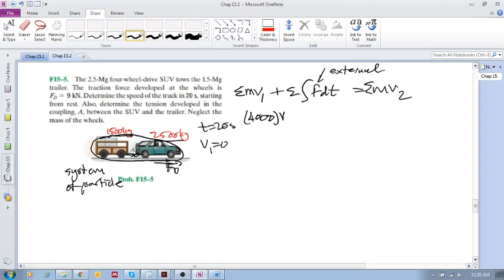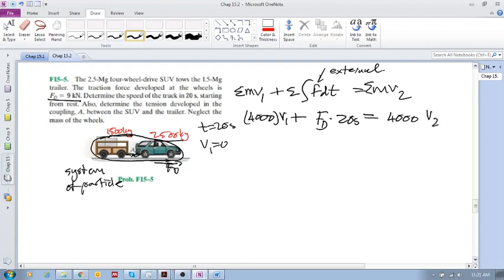Times V1, which is 0, plus FD, which is a constant, so we can bring it out of the equation, multiplied by 20 seconds, because it is the only external force acting on the system, is equal to 4,000 times V2, and we're looking for V2.